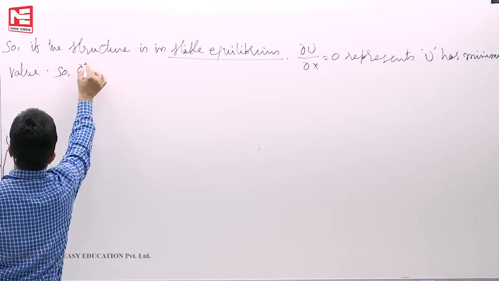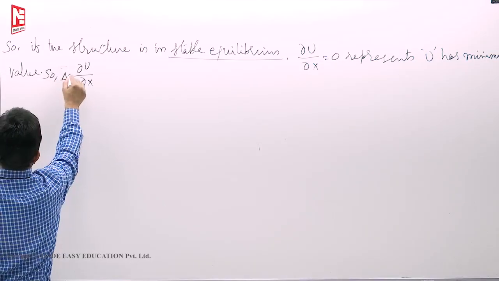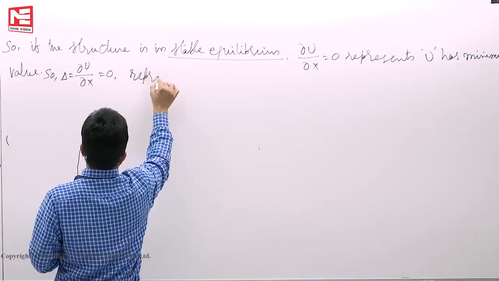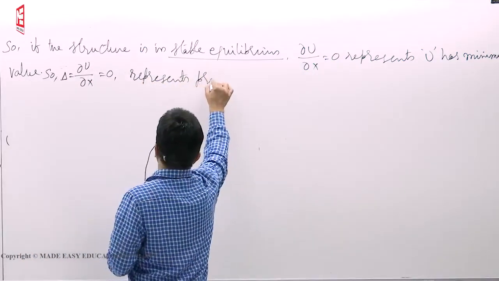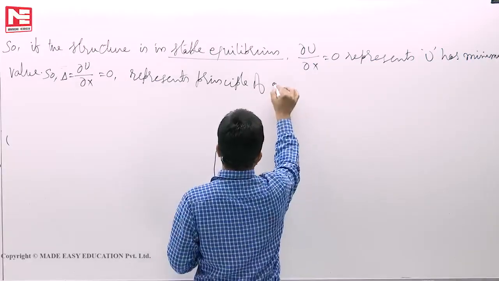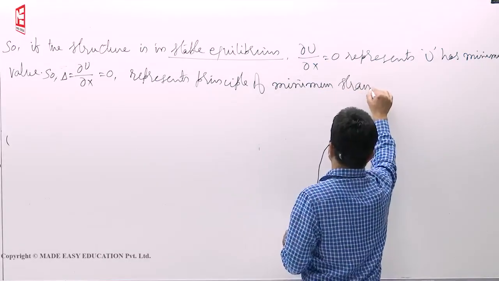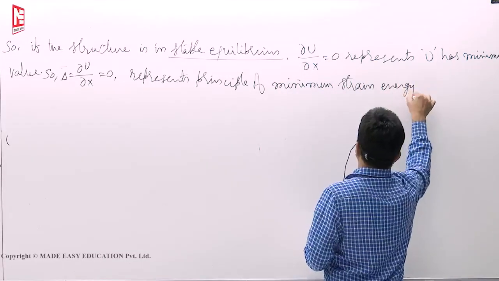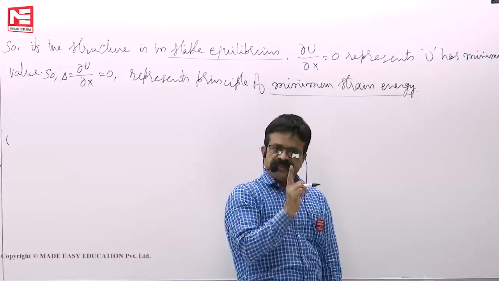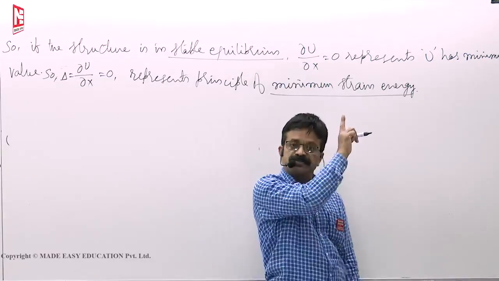So delta is equal to dou U by dou x is equal to 0 represents the principle of minimum strain energy. See, the principle of minimum strain energy comes from Castigliano's theorem 2. Theorem 2 again is a particular case of the Crotty-Engelser theorem. The Crotty-Engelser theorem corresponds to the force method.